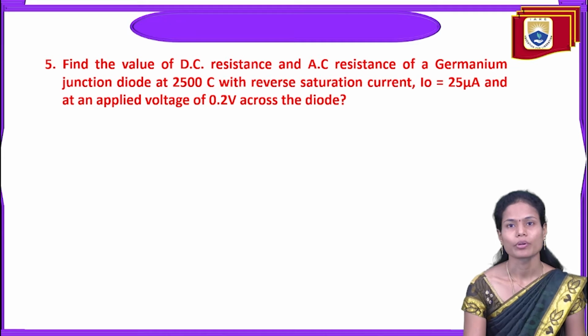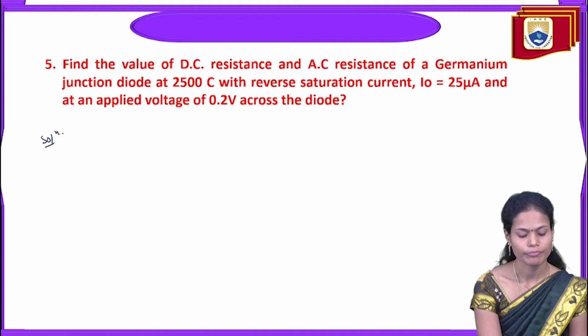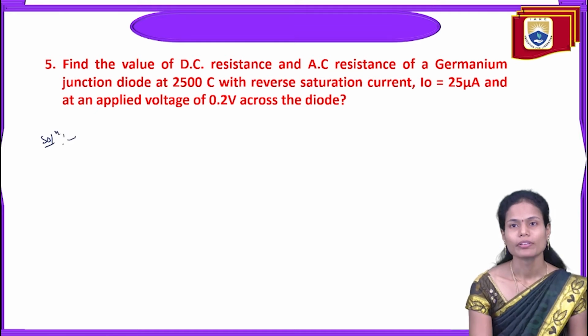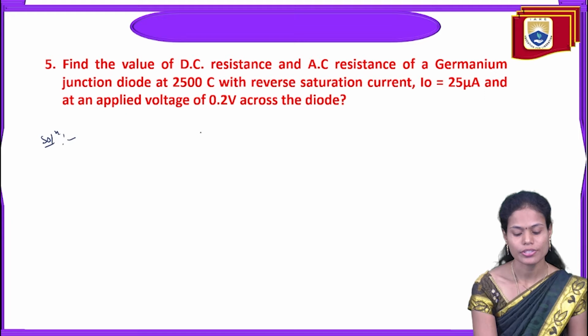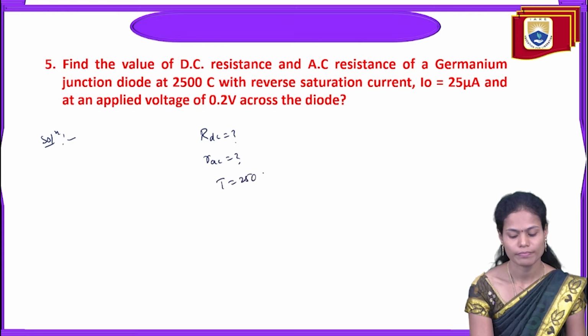And the next problem belongs to the diode. In this particular problem, we need to calculate the DC resistance, RDC, as well as the AC resistance, RAC, of a germanium junction diode at a temperature given as 25 degrees Celsius, with the reverse saturation current of 25 microamperes, and the voltage applied across the diode is 0.2 volts.